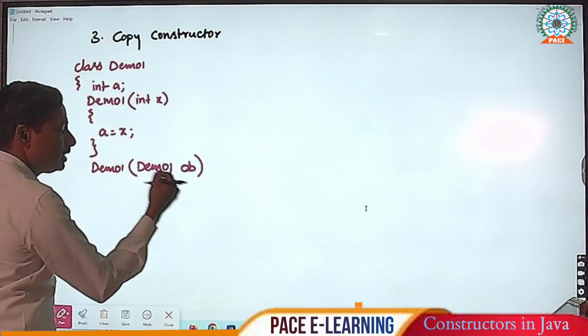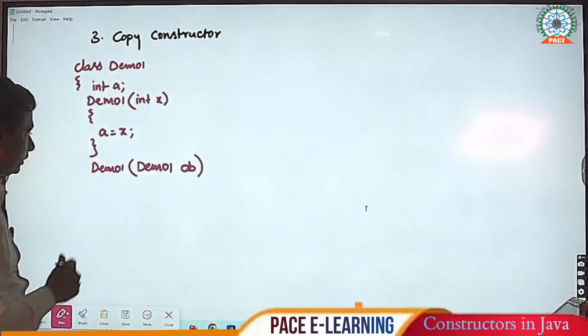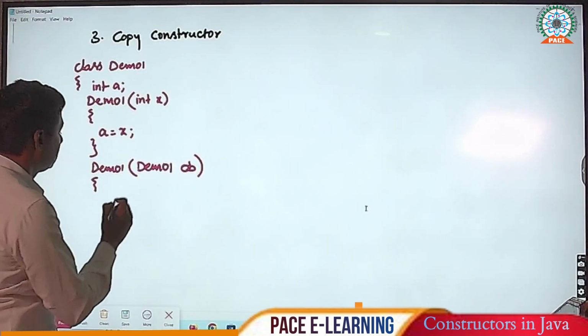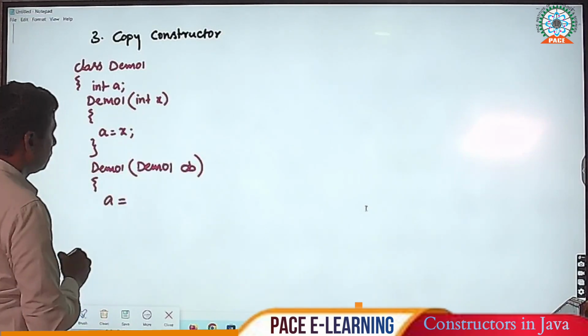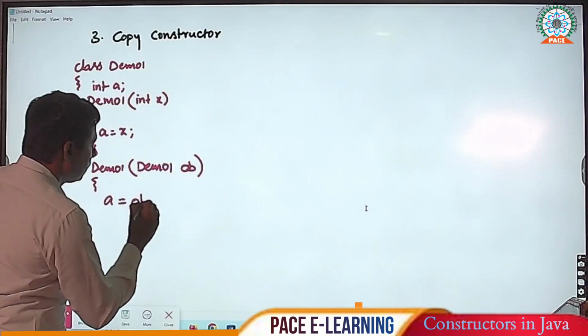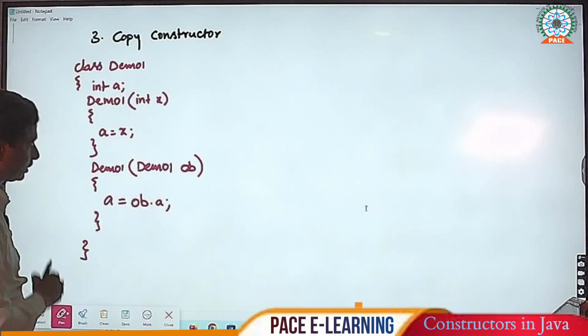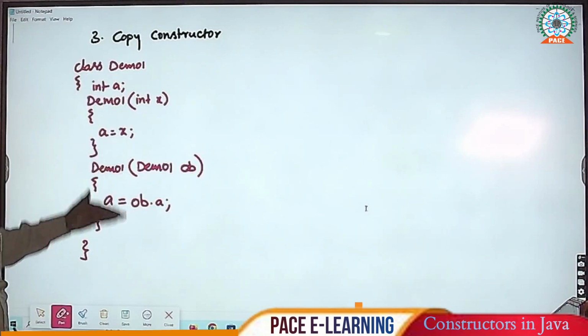Why am I writing here demo 1 OB? Let me explain later. First, write this code. A is equal to OB dot A. Close this class. So this is demo 1 class.